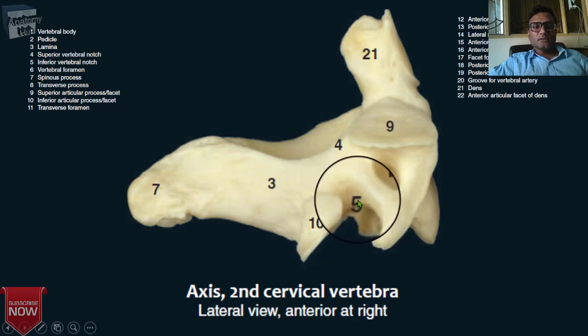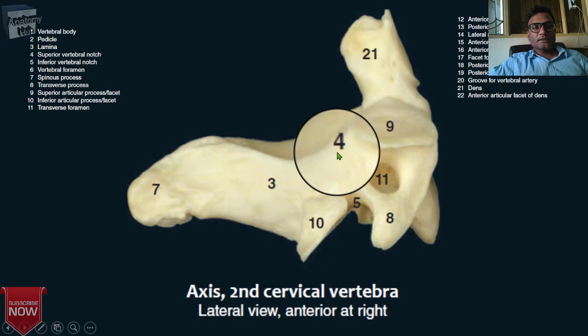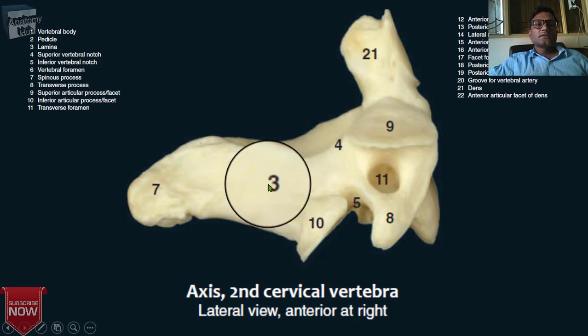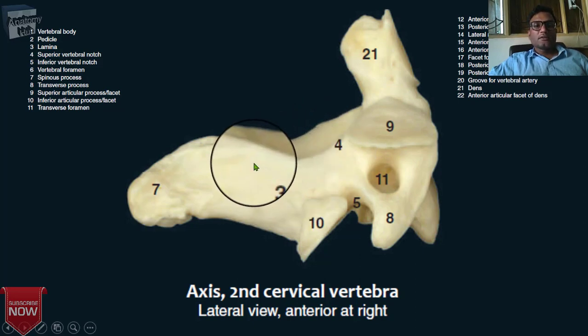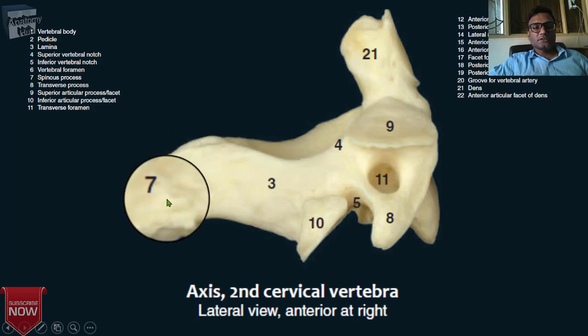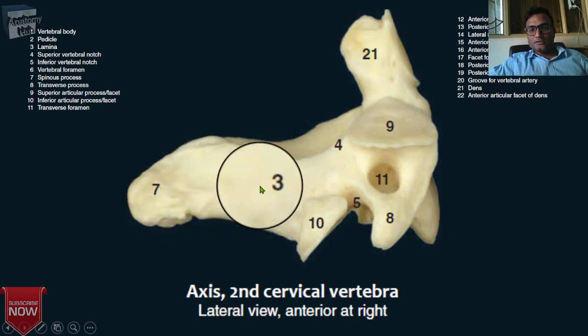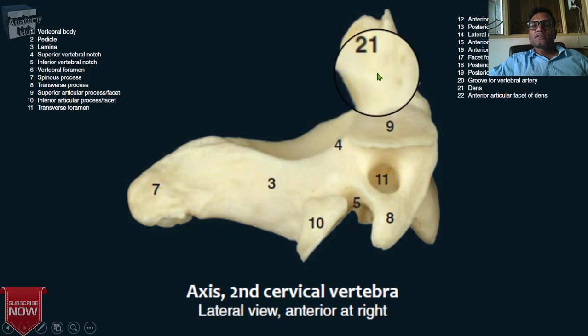And here you will find the inferior vertebral notch, and here the superior vertebral notch. And here you will find the lamina. Both the laminae unite together over here and form the spinous process, and this is the odontoid process or the dens.